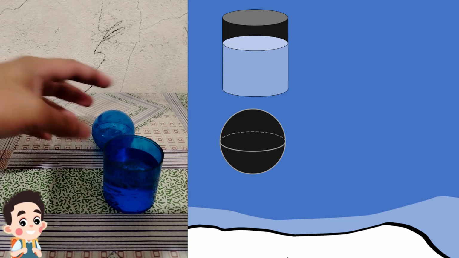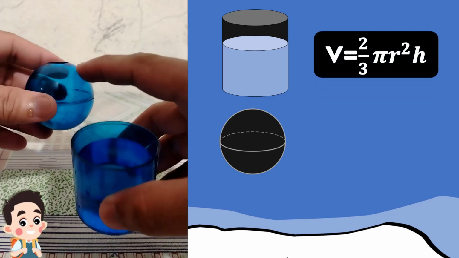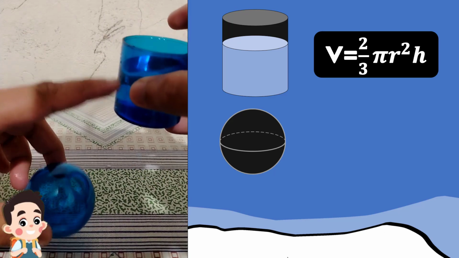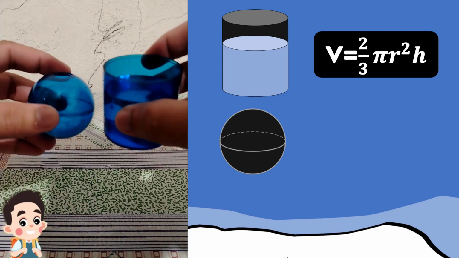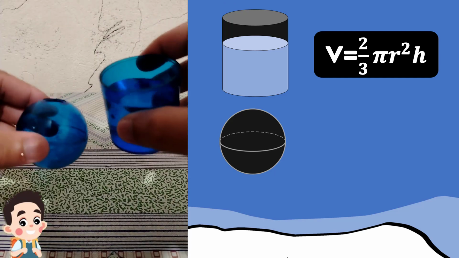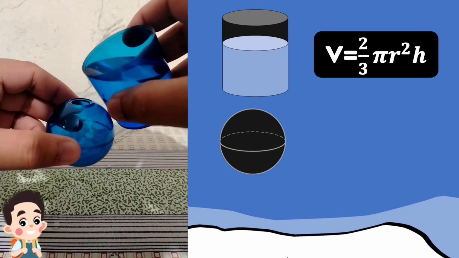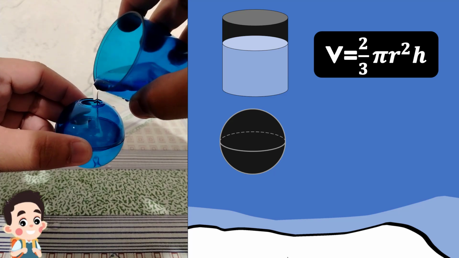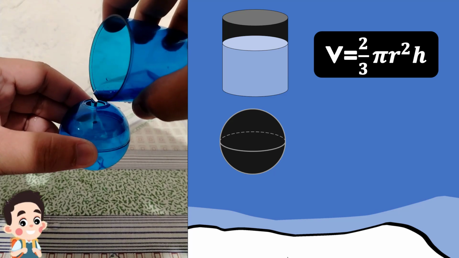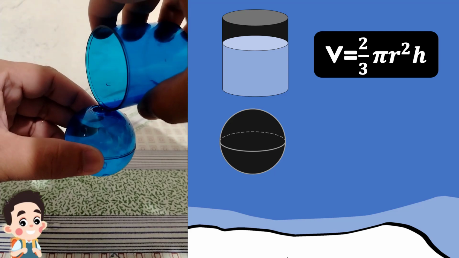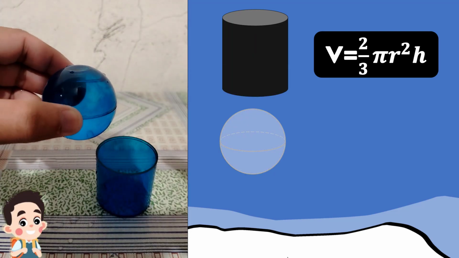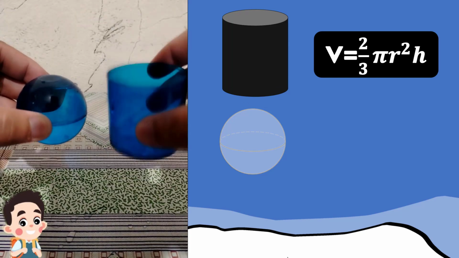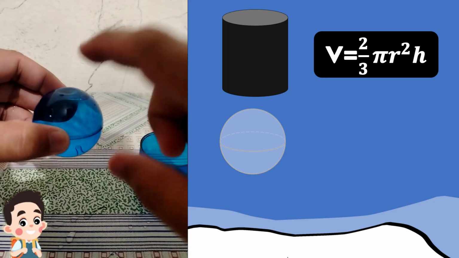Now, let me transfer this water to our sphere, and you will see a very good illustration of the relationship of this cylinder and the sphere of the same circular base. Hopefully, I could do this properly. Alright, now, as you can see, the remaining water in the cylinder completely fills up the sphere.